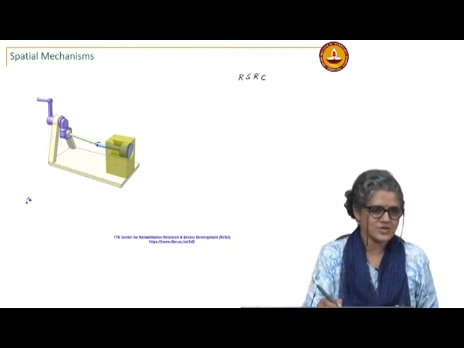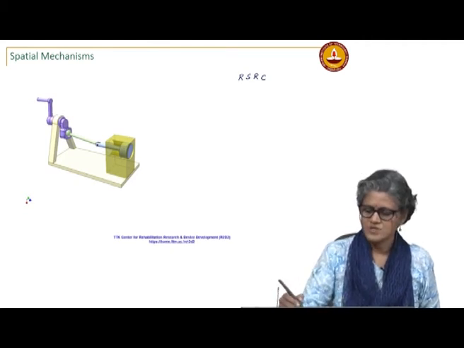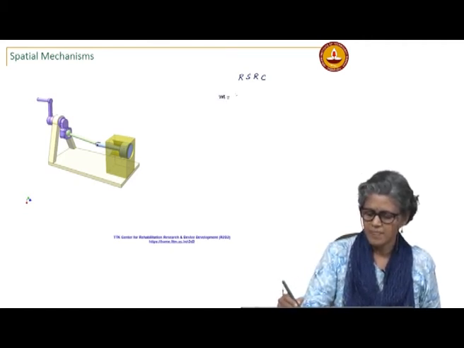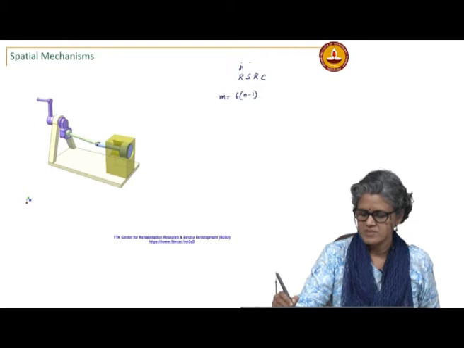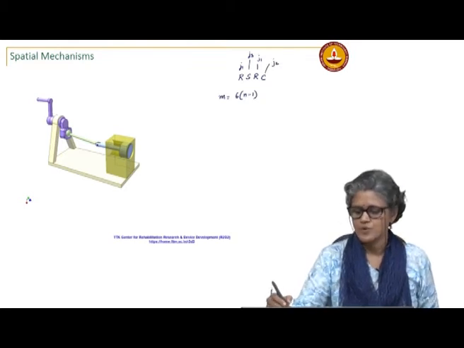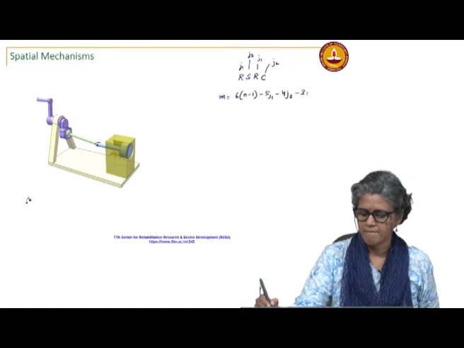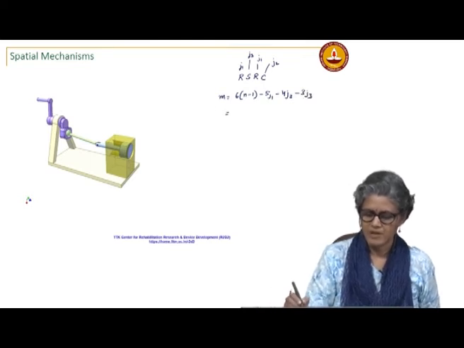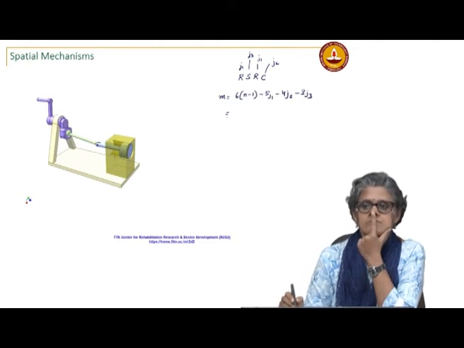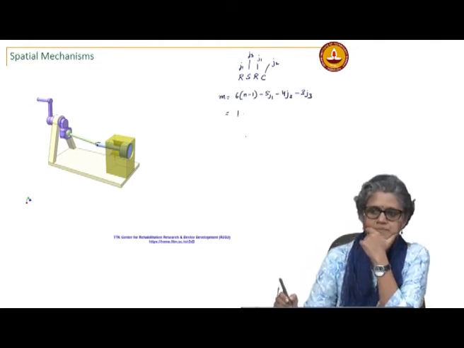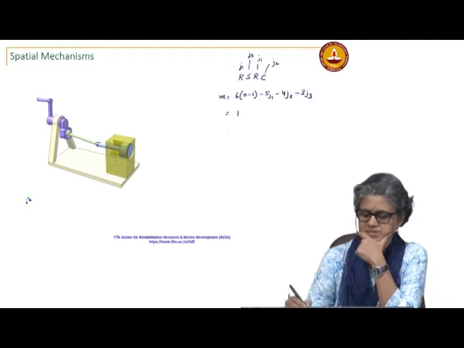So, this is a cylindric joint between these two. So, now do the mobility for this. This is a J1, this is a J3, this is a J1, this is a J2. What do you get for the mobility? Are you sure? The mobility of this mechanism is 1. So, this is a spatial slider crank.